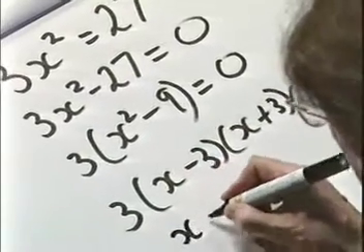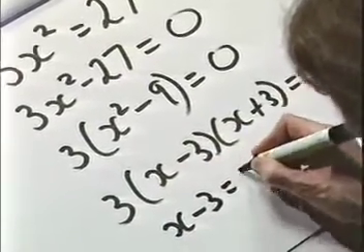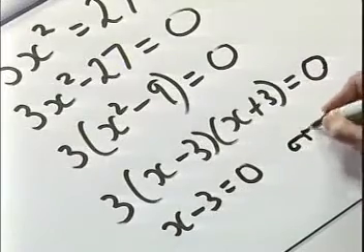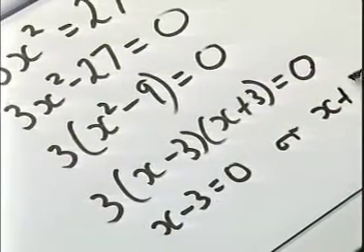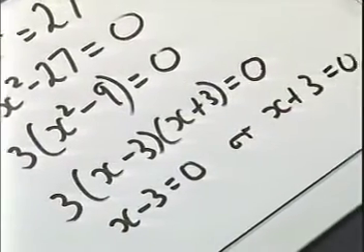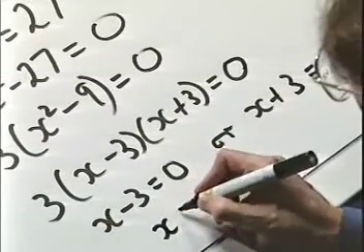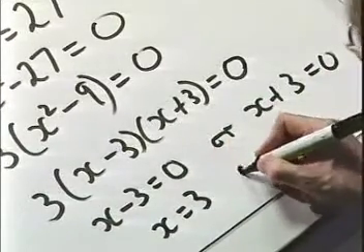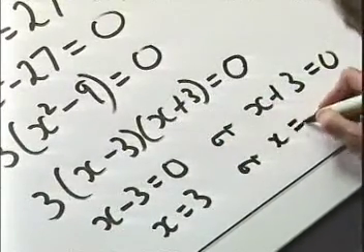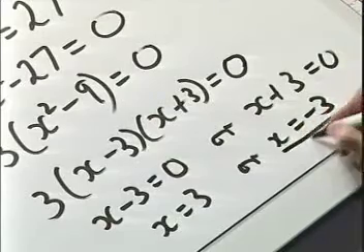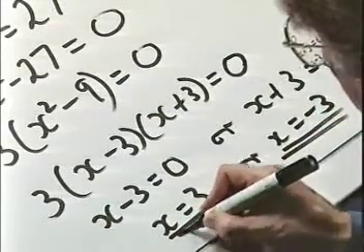So we have x minus 3 equals 0, or x plus 3 equals 0. So we end up with x equals 3, or x equals minus 3. Notice 2 answers. And that will be a theme that I will return to again.